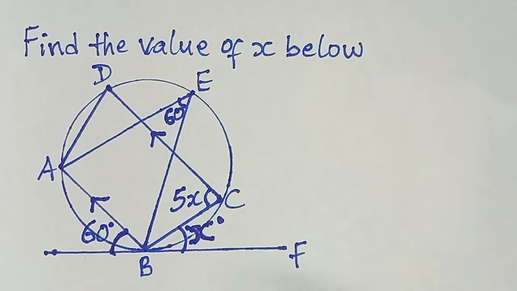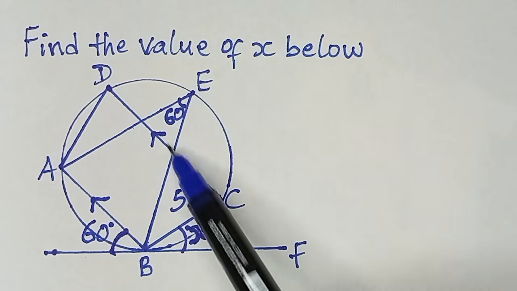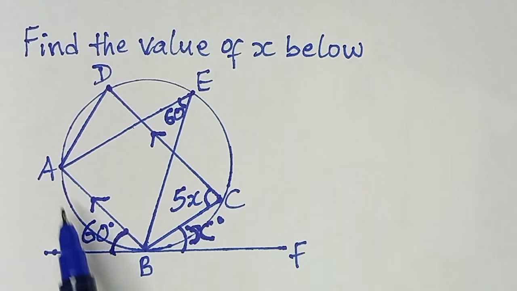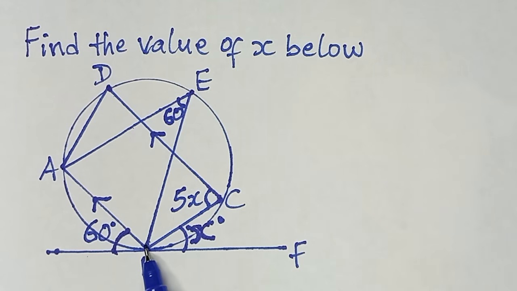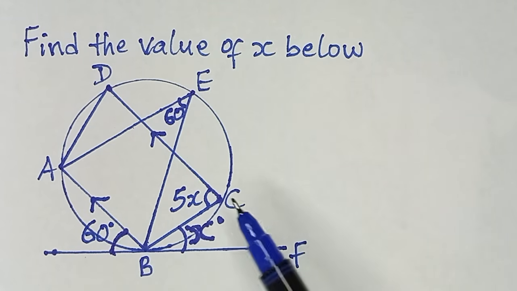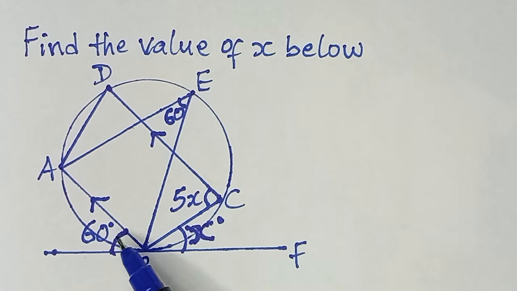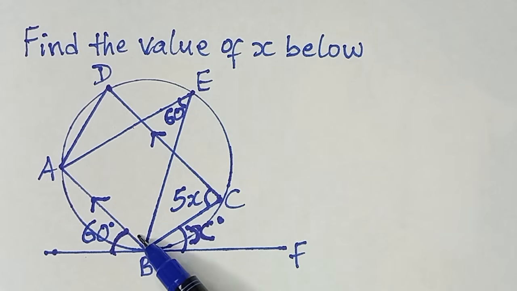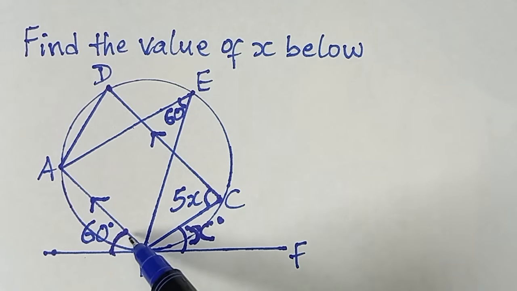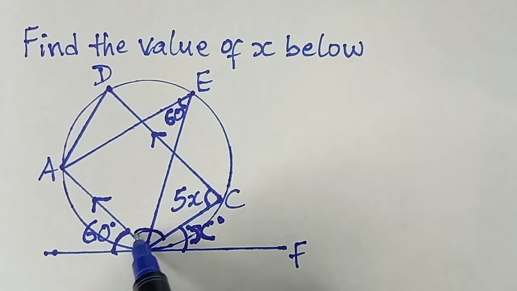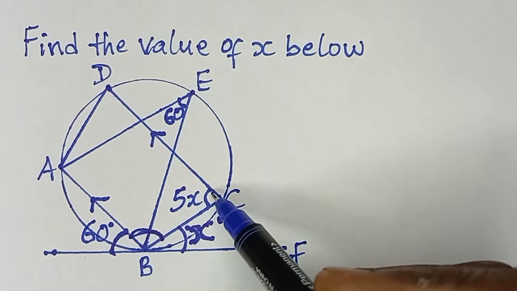Then now, let's look at these two parallel lines. This line here, that is DC, is parallel to line AB. Now, the theorem that should come to mind is that when you have two parallel lines like this, and you have an angle in between them, I'm looking at this angle now, and then this angle.